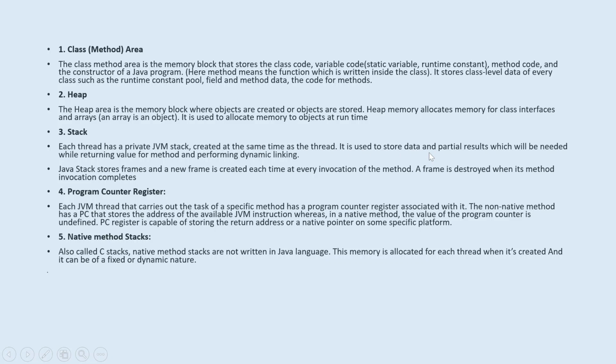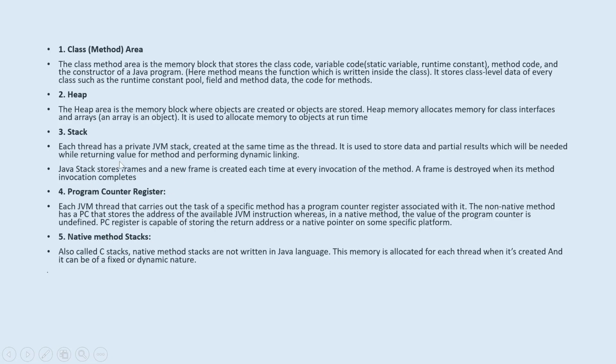It is used to store data and partial results which will be needed while returning value for method and performing dynamic linking. Java stack stores frames, and a new frame is created at every invocation of the method. A frame is destroyed when its method invocation completes. So the frame is created and the execution is done, and the frame is destroyed when the method invocation is completed.